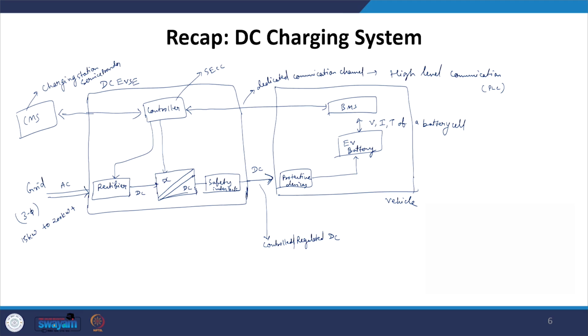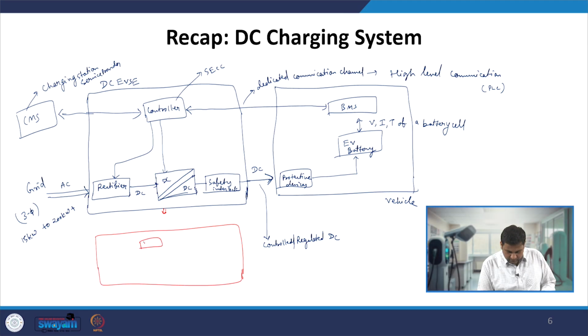Now, if you look very carefully, we have drawn the controller. However, this controller is not that straightforward. In this DC VSC, we have one controller which is communicating.